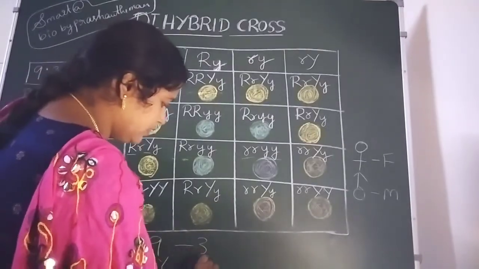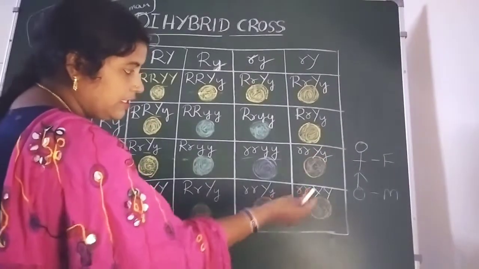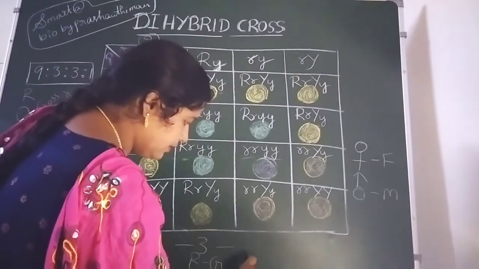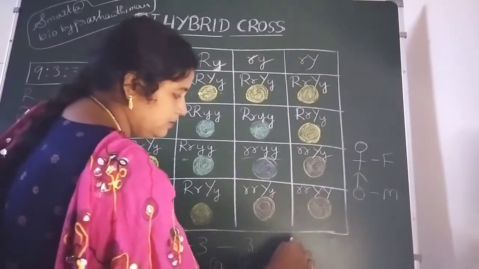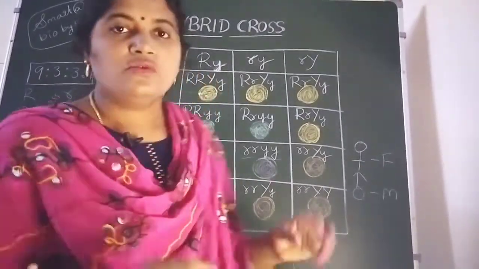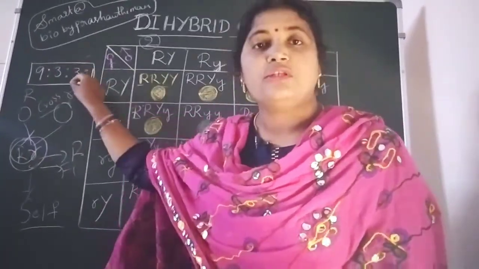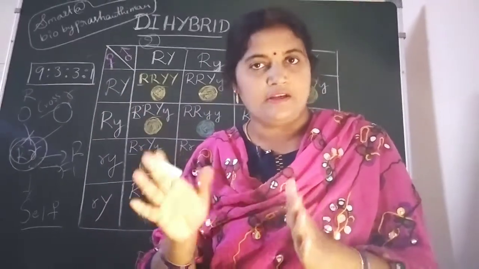So 3 round green. Next, wrinkled yellows, 1, 2, 3. Wrinkled yellow, 3. How many wrinkled green? 1. Wrinkled green is 1. So what is the ratio here? 9:3:3:3:1. This ratio is known as the dihybrid ratio.